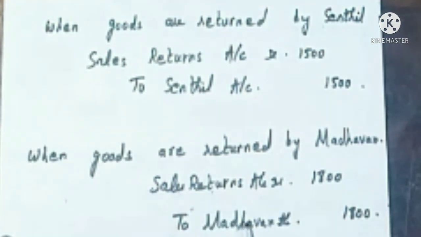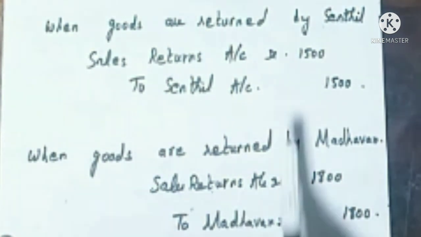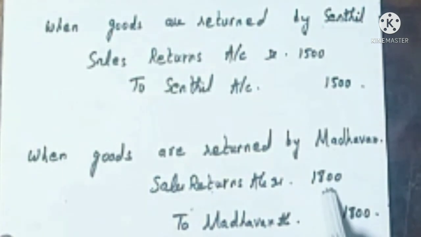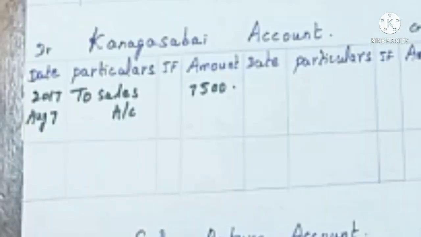Or simply we can write it on the debit side of sales return account to sundry debtors 1,500 plus 1,800, 3,300 rupees.